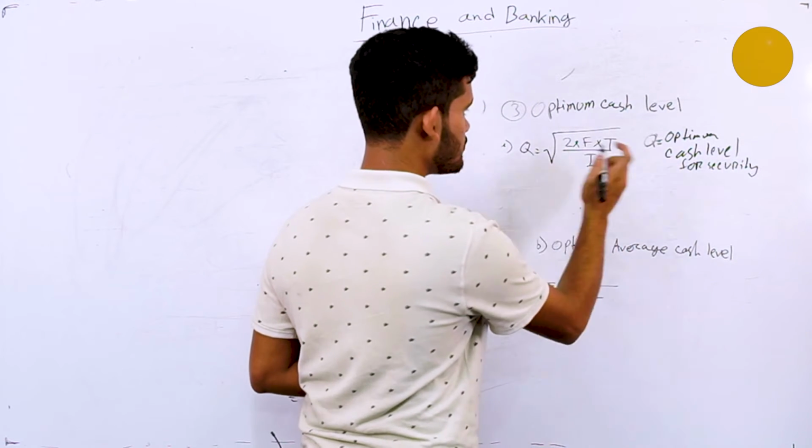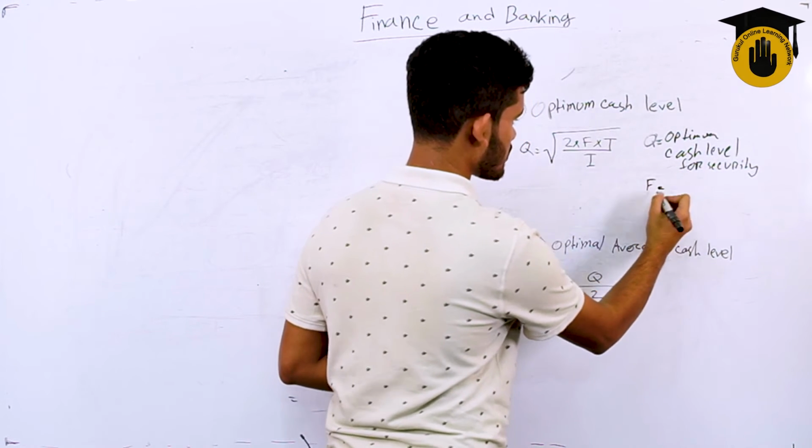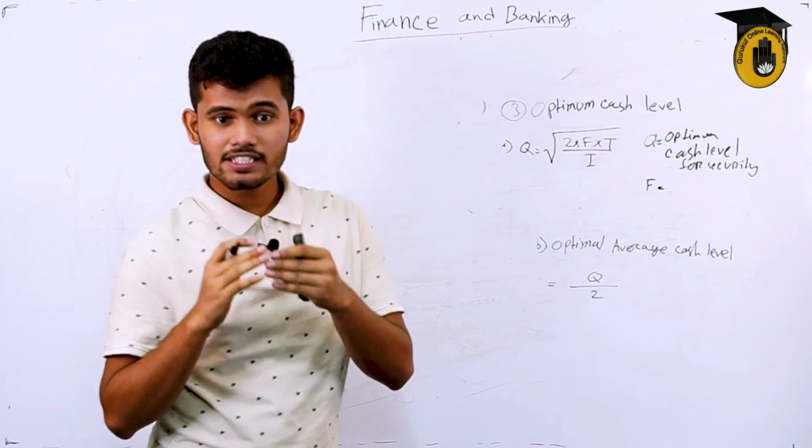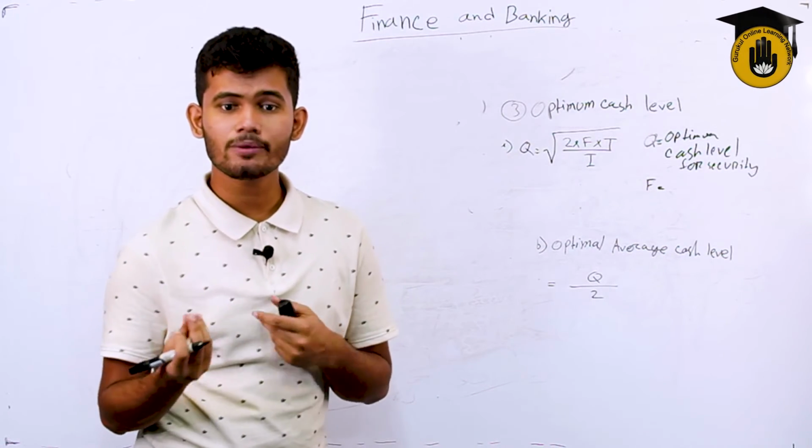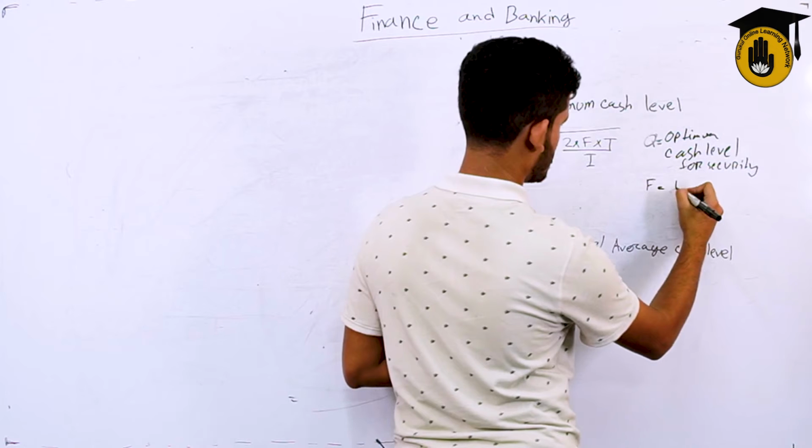F indicates the fixed cost of selling securities or obtaining a loan. We'll just take it as fixed cost.